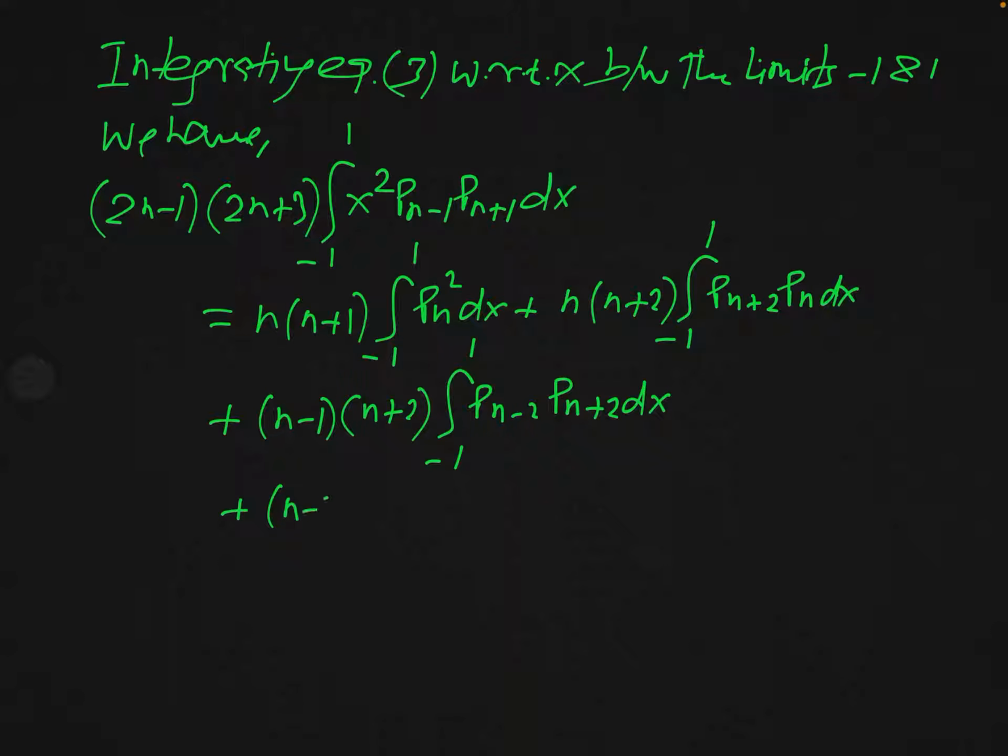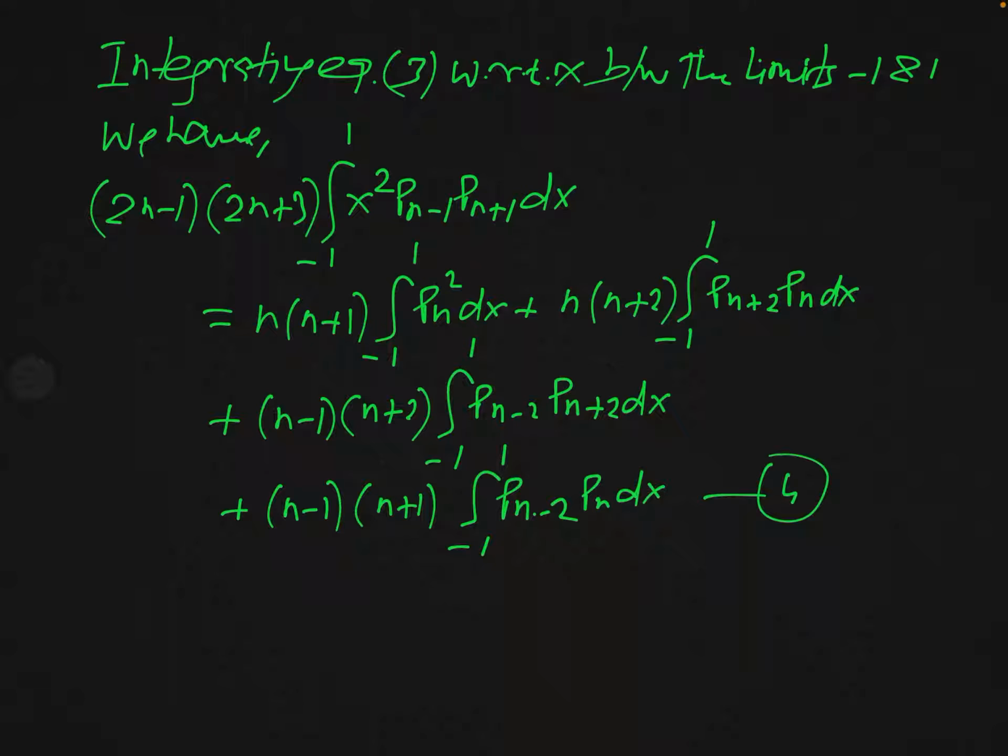This is n minus 1 into n plus 1 and integral minus 1 to plus 1 Pn minus 2 Pn dx.